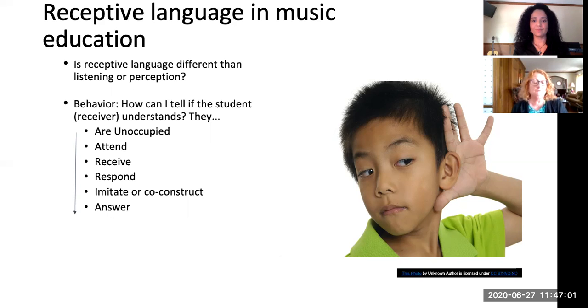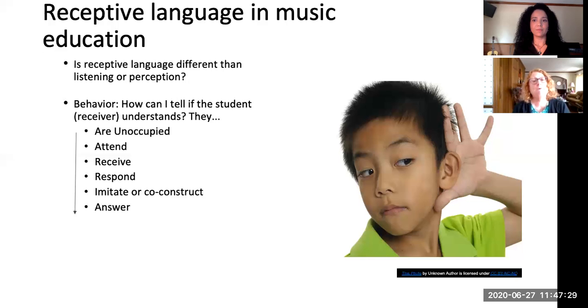ASHA doesn't actually have a definition for the word listening, but Merriam-Webster says listening is paying attention to sound. ASHA doesn't actually describe perception, but Merriam-Webster says it is awareness of the elements of the environment through physical sensations. What we would say is that the common denominator across all of this is sound and participating with sound, because in music, sound is the language.